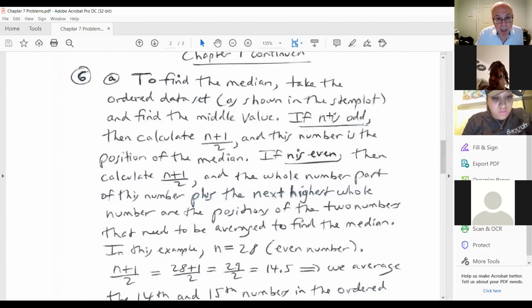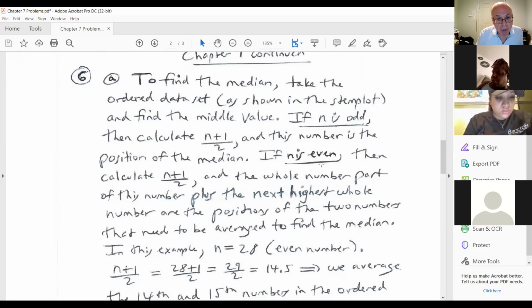Now, if the sample size is odd, like 29 numbers in a data set or 31 numbers, we just use this little formula here. We take the number of values in a data set, the sample size, add 1, divide by 2. The number we get is the position of the median. So we just find that position in the data set, and that's the median.